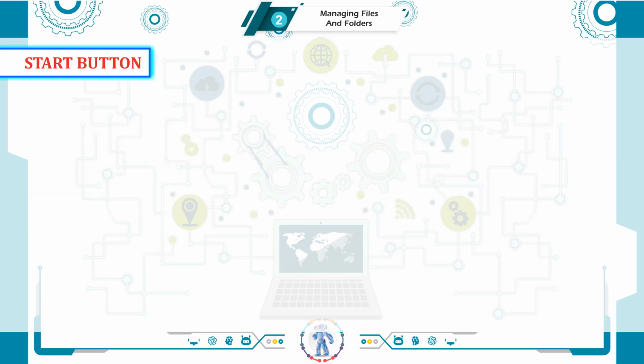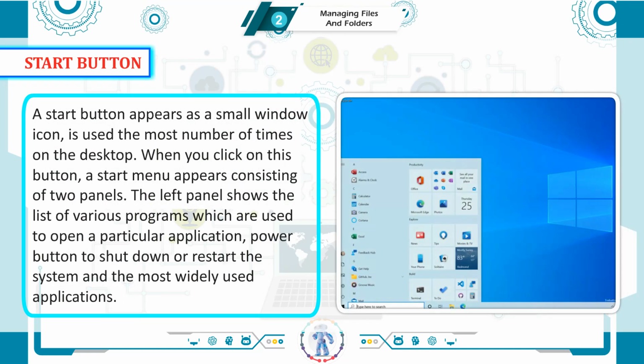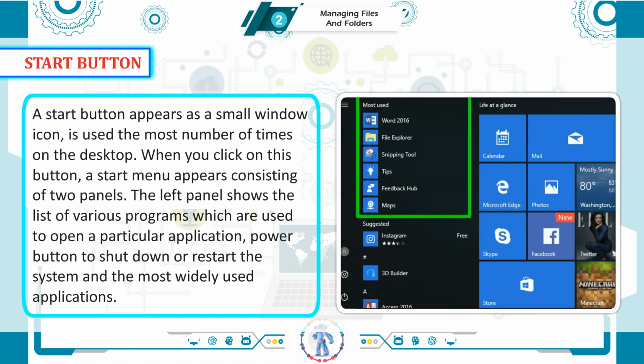Start button. A start button appears as a small window icon and is used the most number of times on the desktop. When you click on this button, a start menu appears consisting of two panels. The left panel shows the list of various programs which are used to open a particular application, the power button to shut down or restart the system, and the most widely used applications.